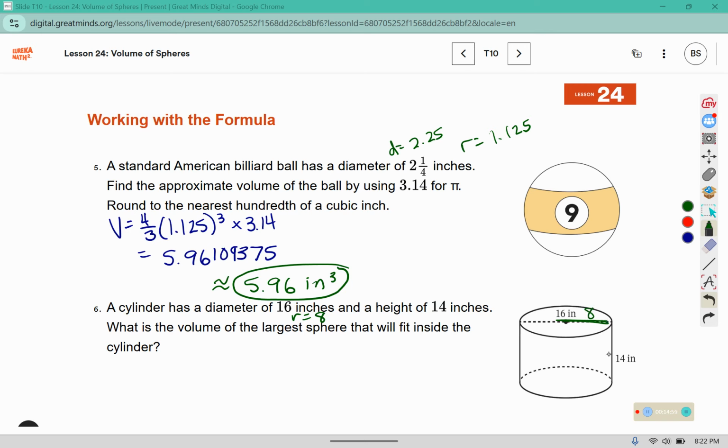But up and down, the radius could only be 7 because 7 and 7 make 14. So we can't use a radius of 8 because that will go taller than our cylinder. So we need to use a radius of 7, since 2 radiuses of 7 will make that height be 14.